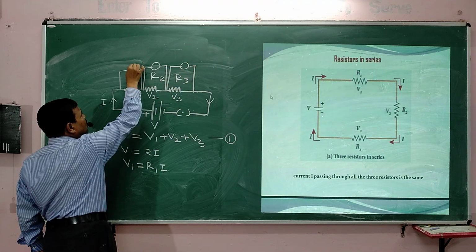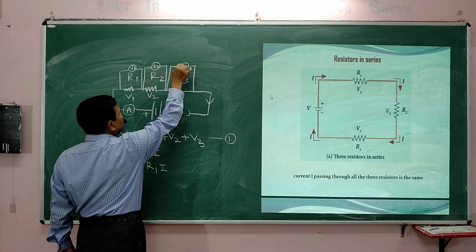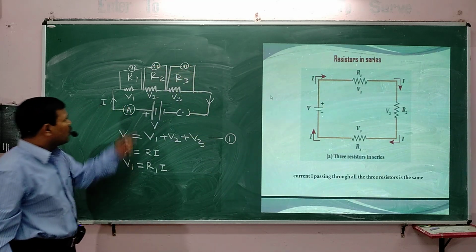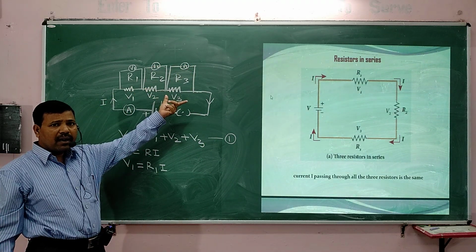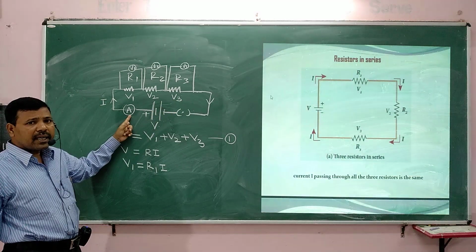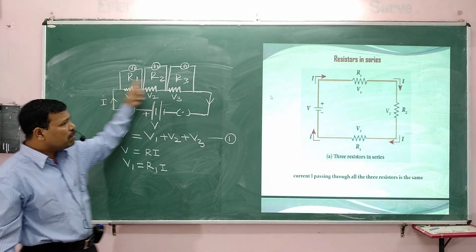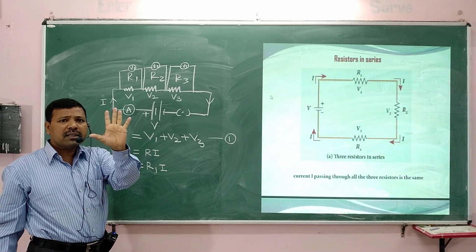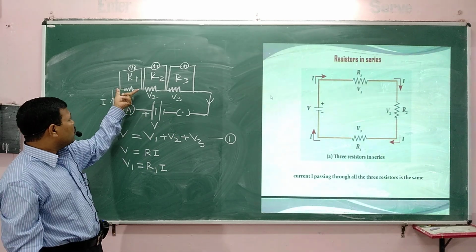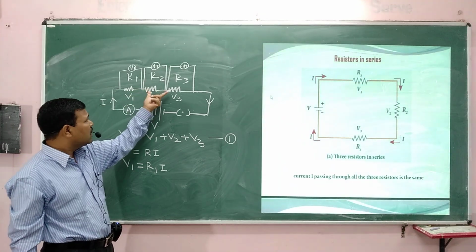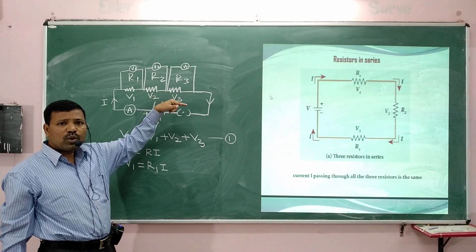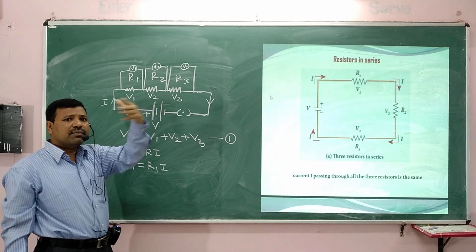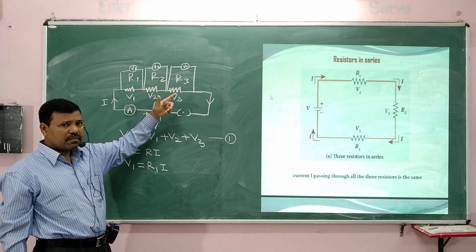These are voltmeters. Voltmeters are always connected in parallel. An ammeter is connected in series. In a single path, the current at every point is the same, so only one ammeter is required. But to measure the potential difference across each resistor, 3 voltmeters are required if there are 3 resistors.